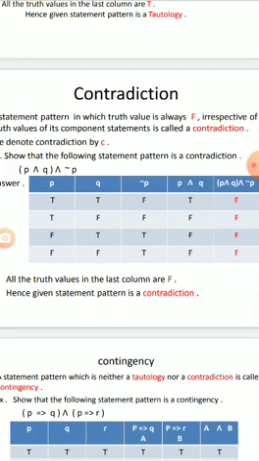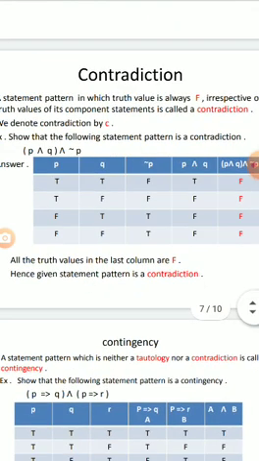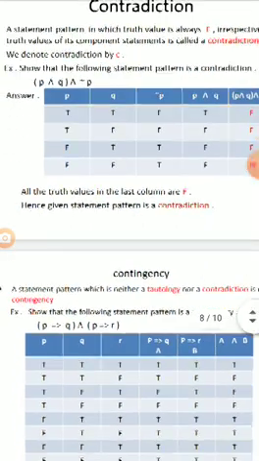So this is the statement pattern which is a contradiction. Number of logical connectives is 3 and number of prime components is 2, and hence the table has 5 columns, 3 plus 2, and 4 rows, and as all the values in the last column are F, the statement pattern is called a contradiction.